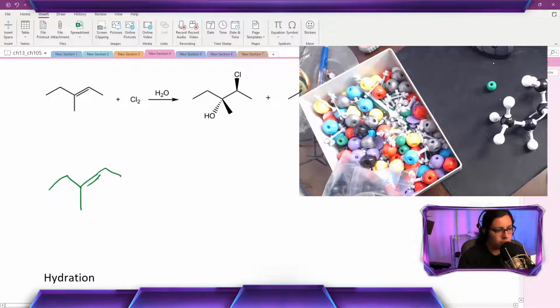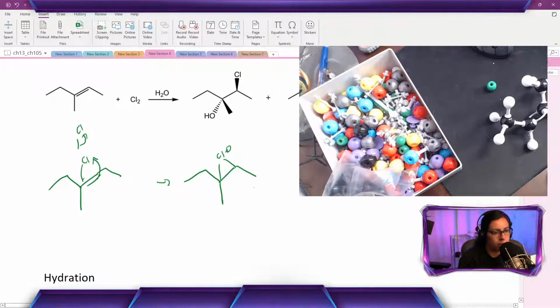So again, right, this can form our carbocation intermediate. So this attacks chlorine. These go back. Chlorine makes a bond here. So now this is our intermediate.